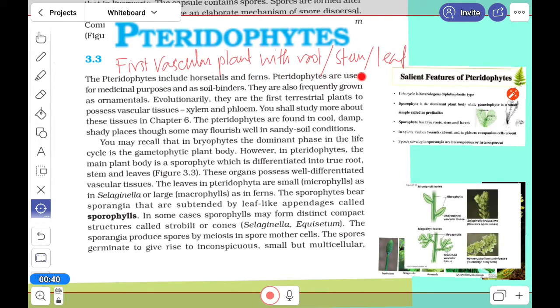Pteridophytes are used for medicinal purposes and as soil binders. Several medicinal purposes include the treatment of bleeding, tuberculosis, ulcer, osteoporosis, and even diarrhea. As a soil binder, it can prevent soil erosion.